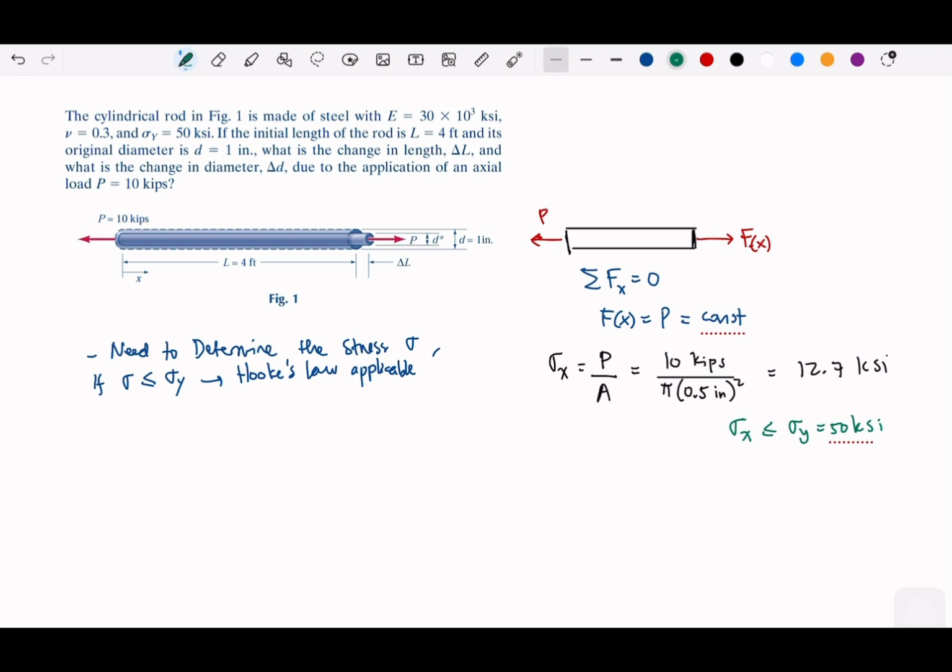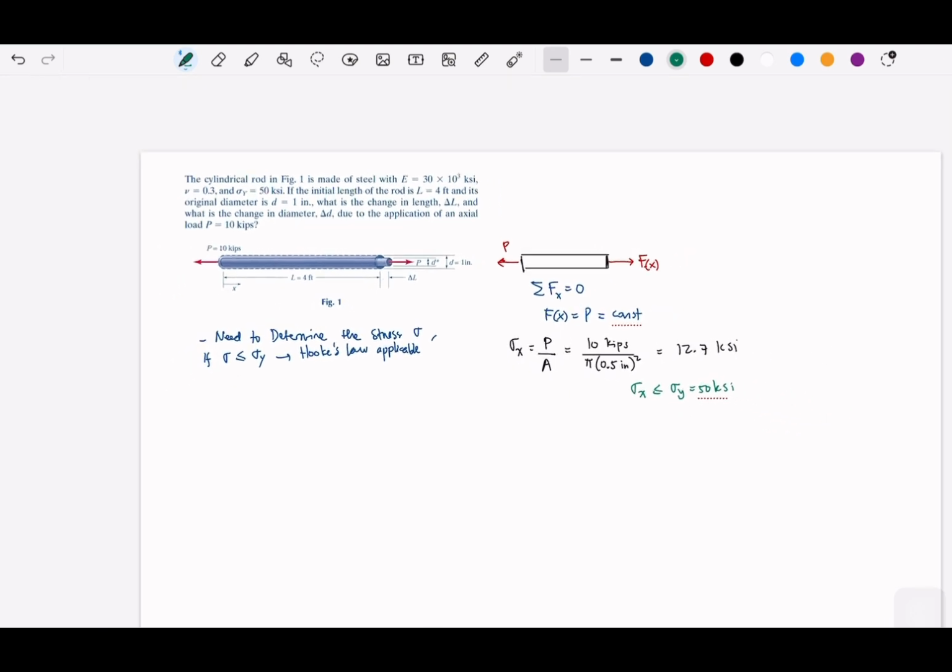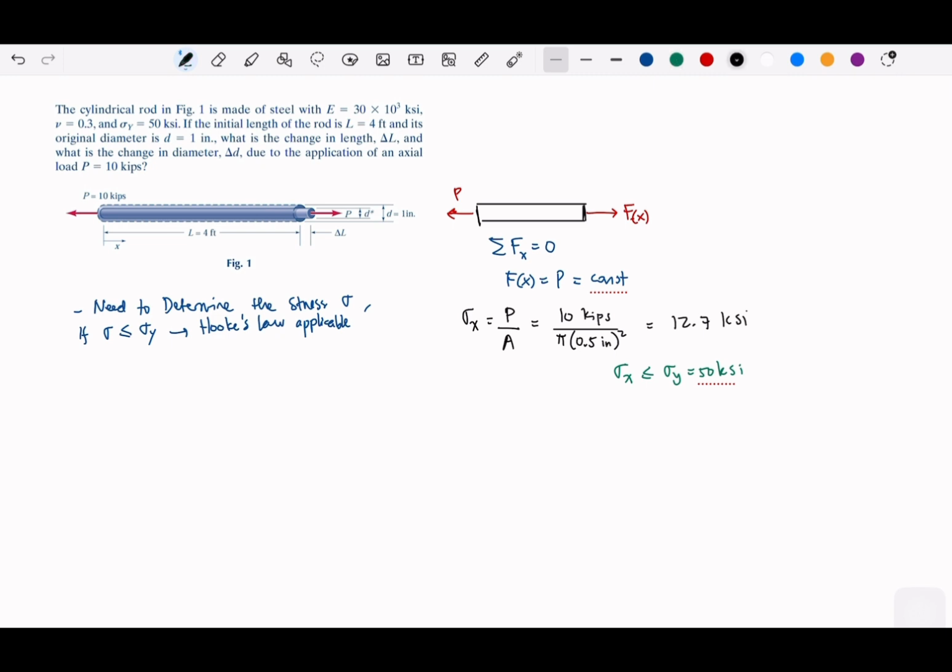So linear elastic behavior occurs. Let me write here that linear elastic behavior occurs, okay?